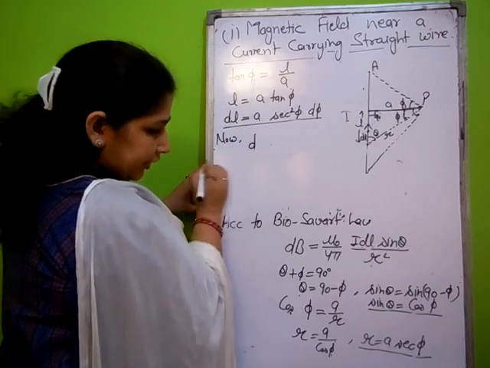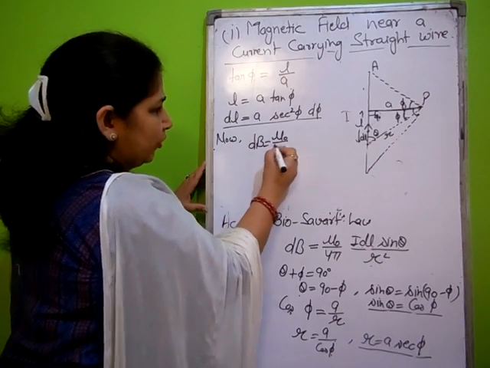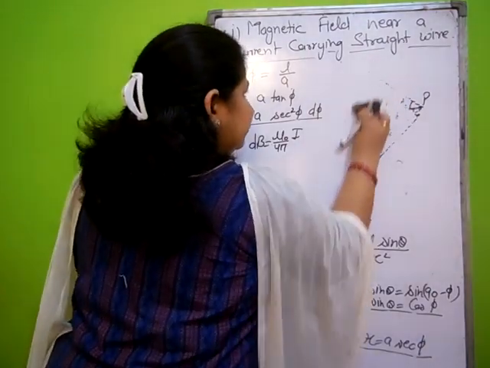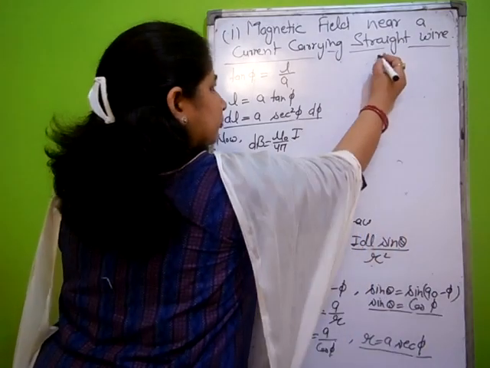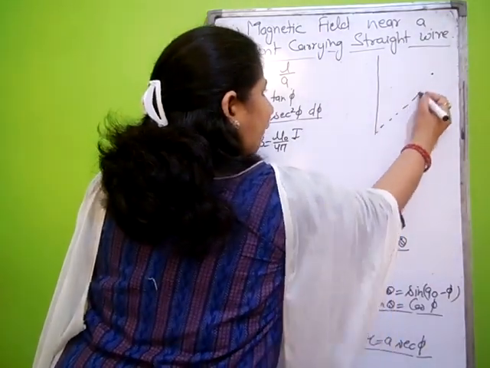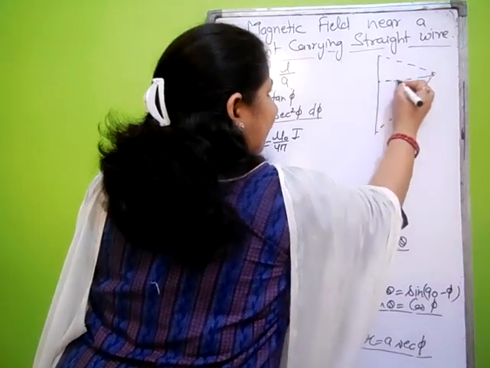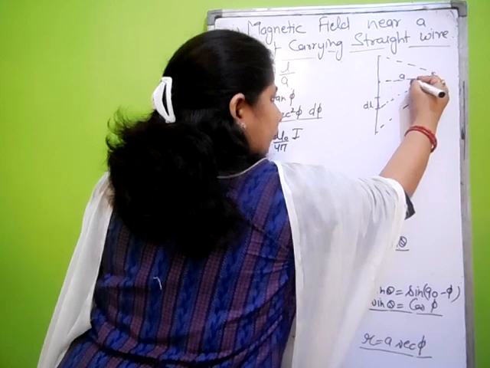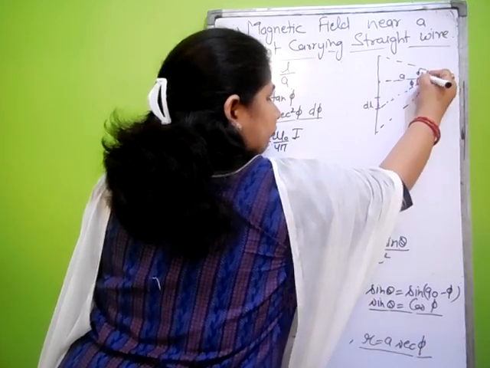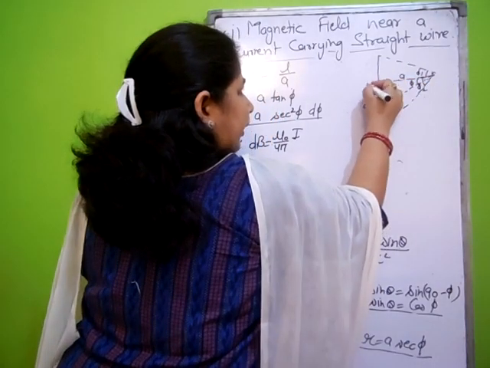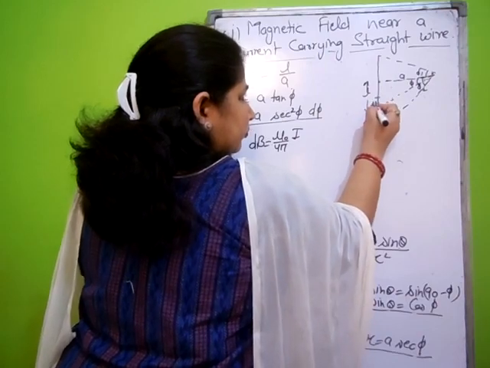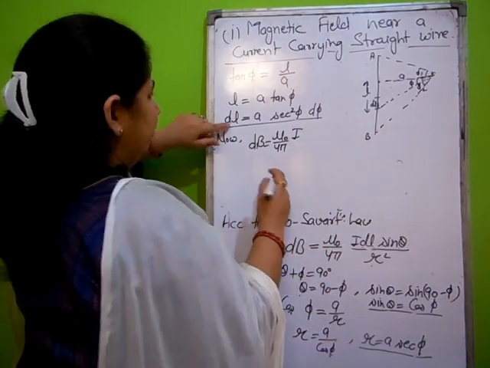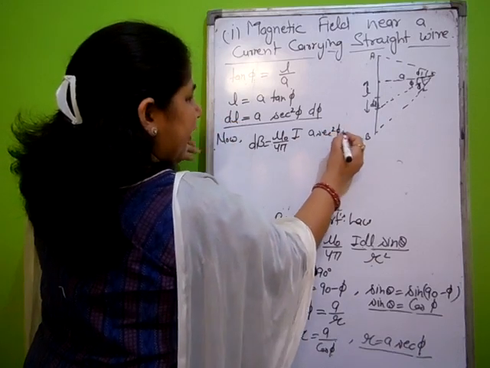Now dB is equal to mu naught upon 4 pi I. In place of dl, I will write here A sec square phi d phi.